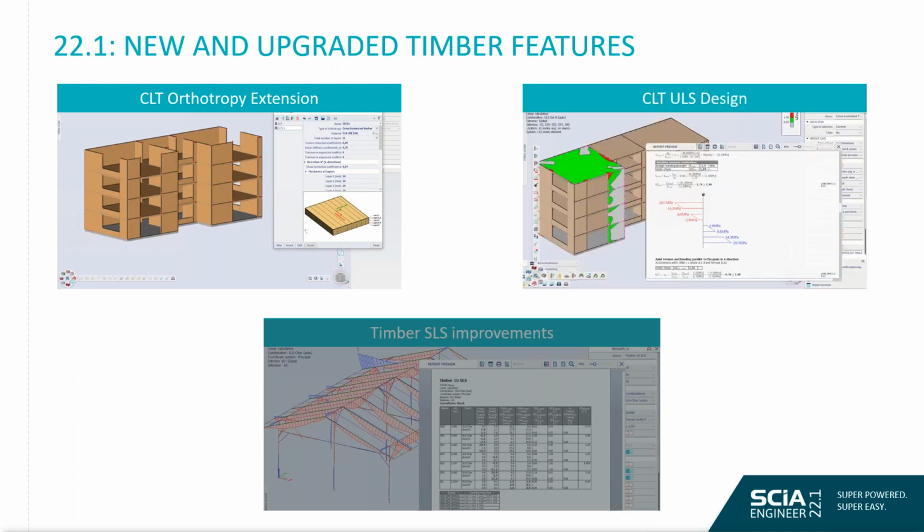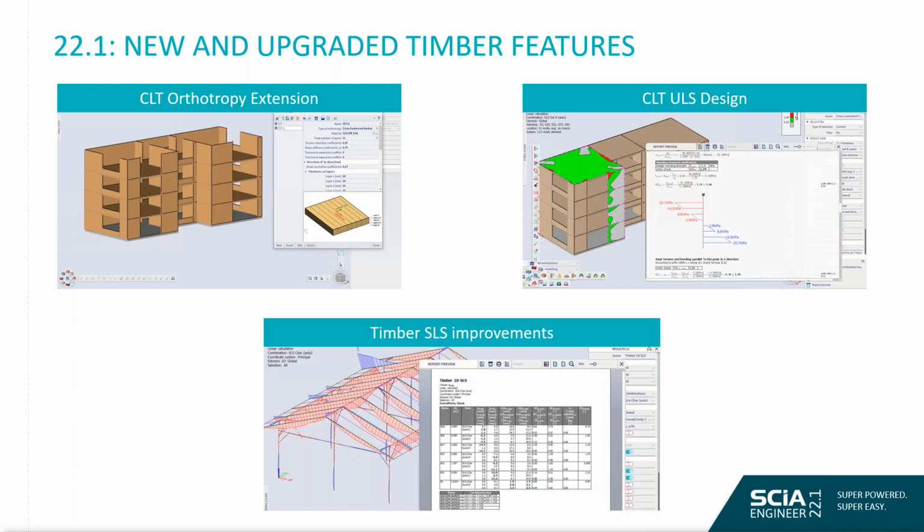Next up, we have added an ULS, an ultimate limit state design of the cross-laminated timber panels, that I will show you later. And finally, we have done some SLS improvements for the 1D timber check. And I also have one tiny extra side topic at the end that got added last minute.